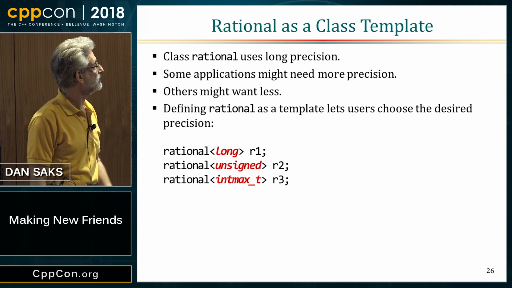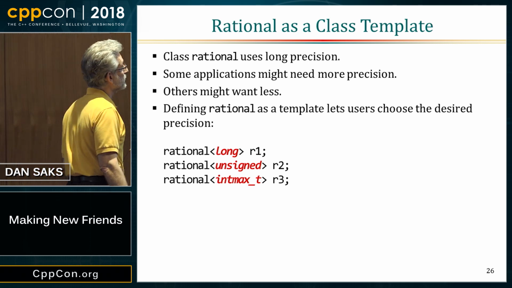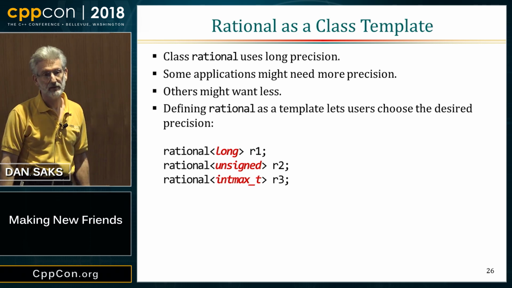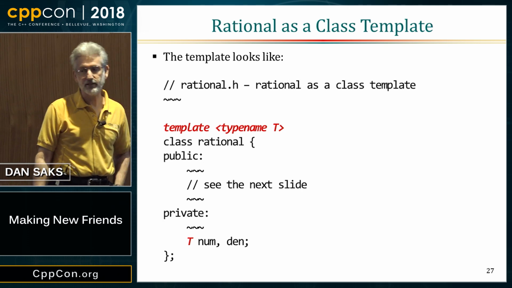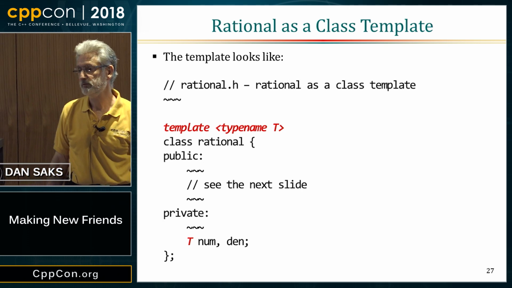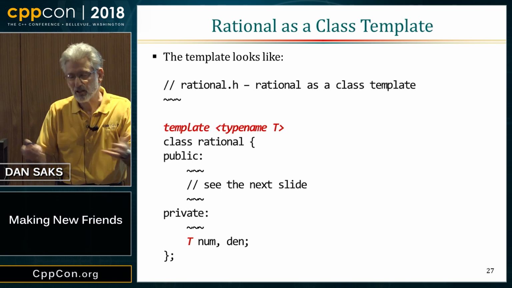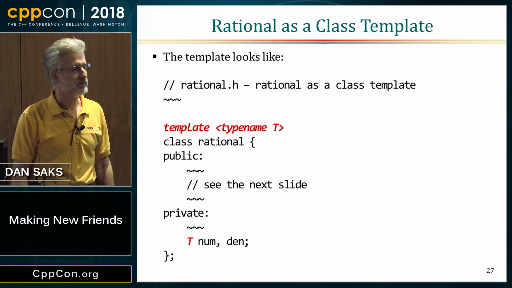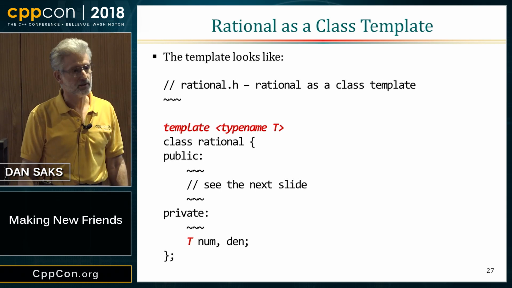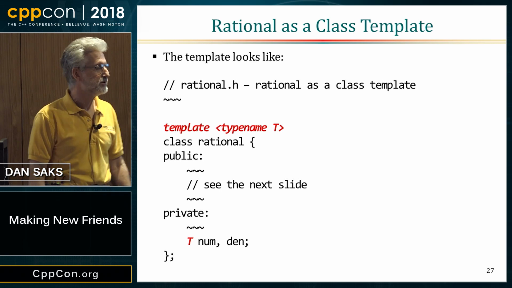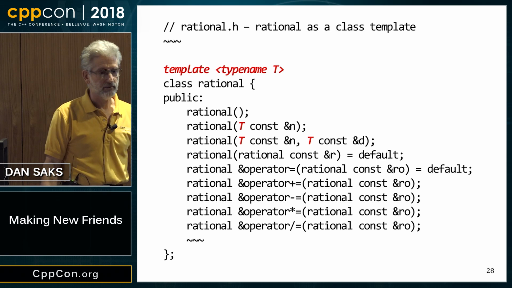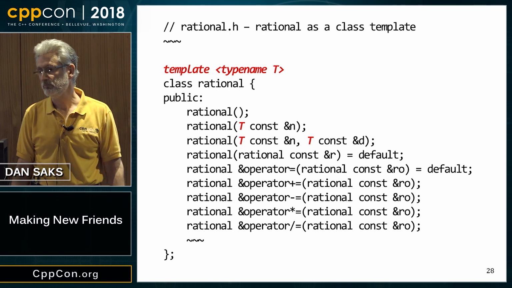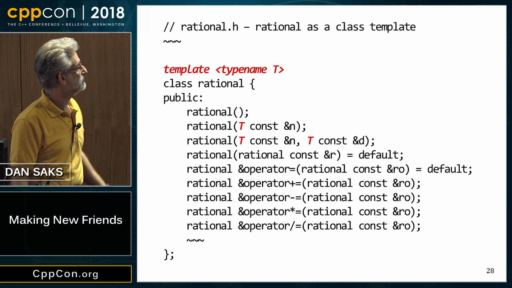So we'll turn it into a template, and this is when all the conversion rules get really interesting. Turning the rational class into a template involves a little bit of tedium in throwing template typename in all the right places and tracking down the use of long and replacing it with T. It's not too much, but you've just got to be careful.